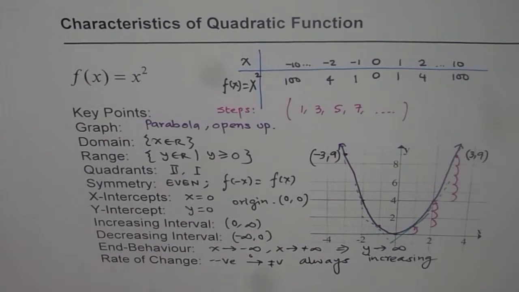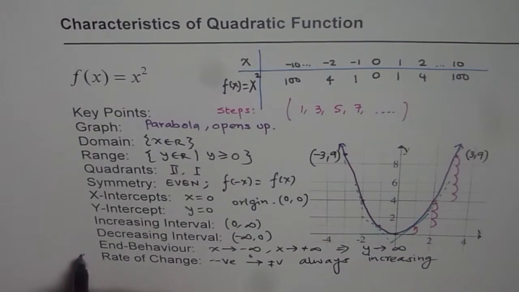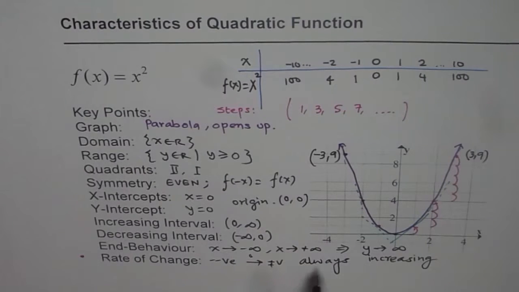Okay. Now let's get back to 5 important characteristics which will make quadratic function different from other functions. So let's start from the last one, which is rate of change, which I think is very characteristic, always increasing. Always increasing, unlike that of a straight line. Do you see that? Now that's very important.